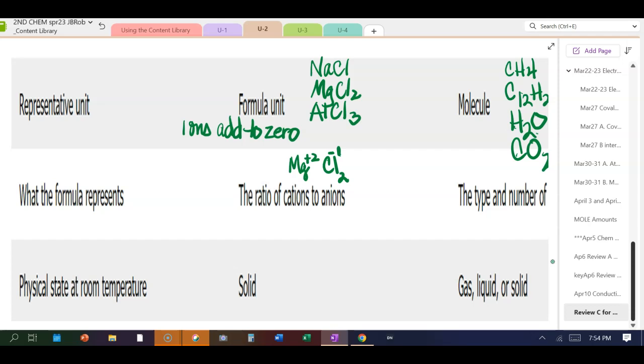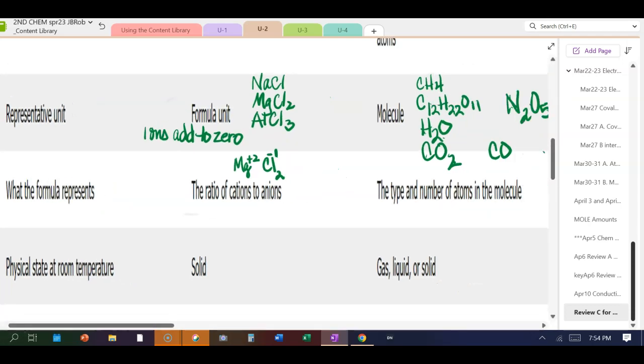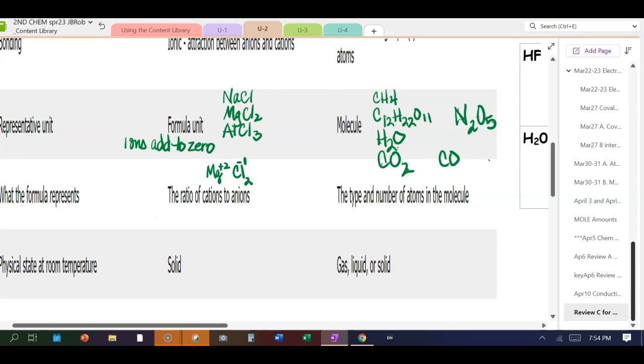So the formula shows the ratios of the ions of the different charges. But the formula in covalent compounds shows you the number of atoms of each kind. So in ionic compounds, where we have a formula, we're always looking at the number of ions of each kind.